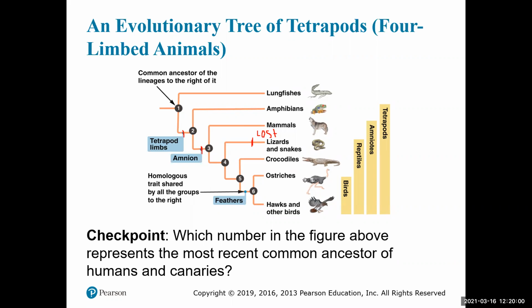So mammals don't have eggs, they kind of lost eggs, whereas everything else does have eggs. And so we can map feathers. This group has feathers, and the rest doesn't. And so you can map the traits to see where these traits evolved. Based off of this evolutionary tree, we know feathers would evolve somewhere in between the evolution of crocodiles and birds.